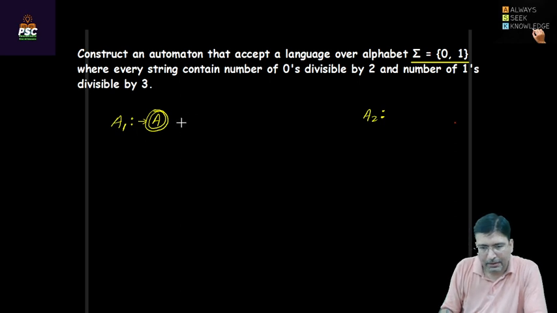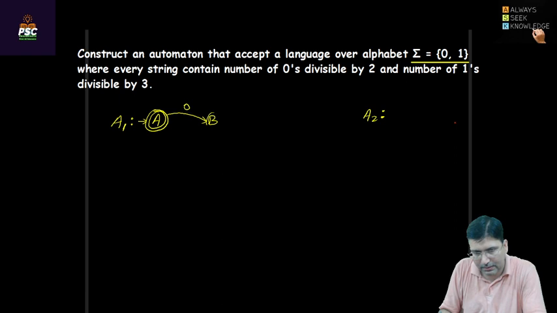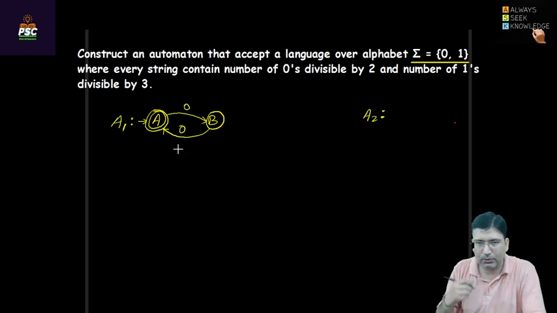But then it can also accept 2 zeros, 4 zeros and so on, so there has to be a cycle of an even number of zeros. When a zero comes, I reach B, but B should not be final. When another zero comes, I come back. In this way, this loop maintains an even number of zeros: 2, then 4, and so on.